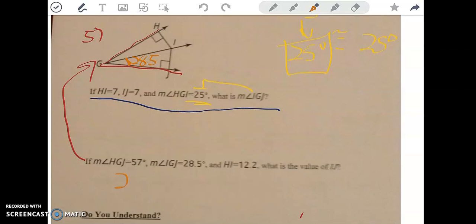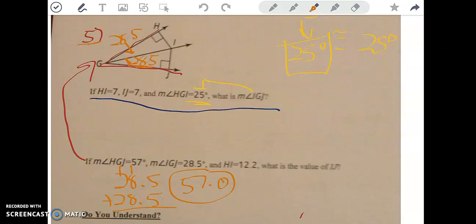Well, let's check and see if 28.5 plus 28.5 equals 57. Carry the 1 again. That's 57 degrees. So because 28.5 plus itself is equal to 57, this other angle is also going to be 28.5, which means it has been bisected.